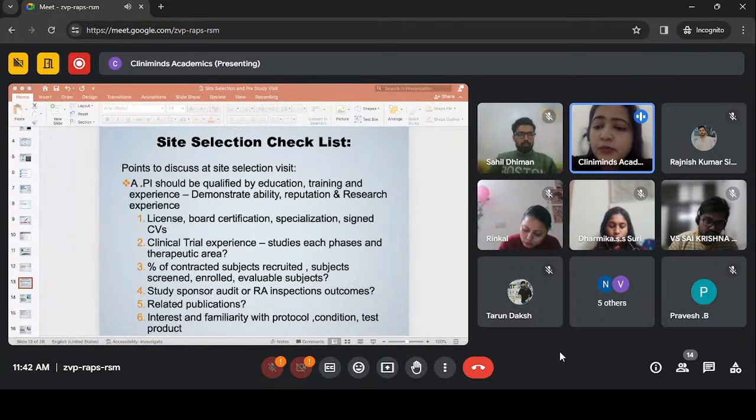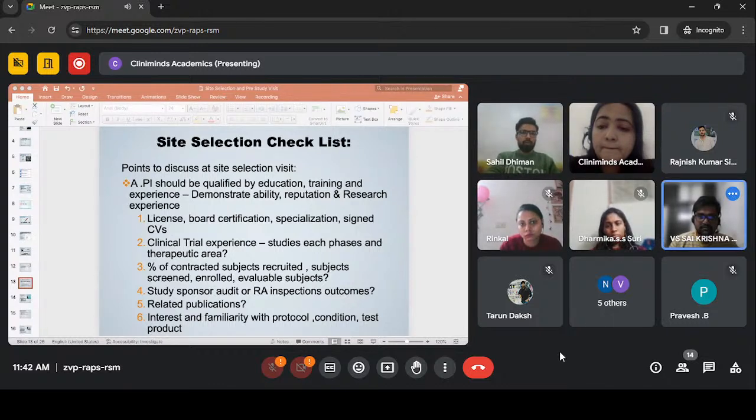What should be the qualification of the investigator? What do you think? He must have done his qualification in orthopedics, MBBS. Yes. So he should be at least MS in ortho, right? Those details will be present in the CV.